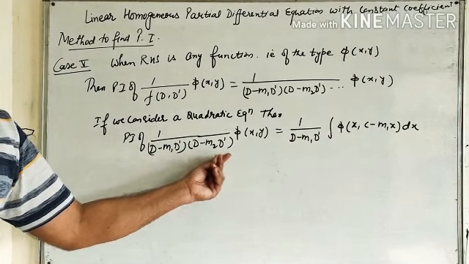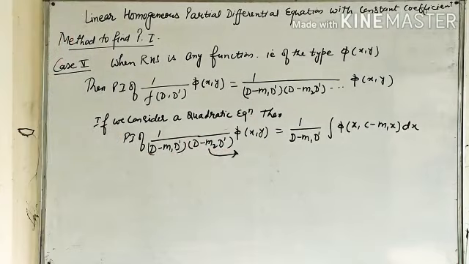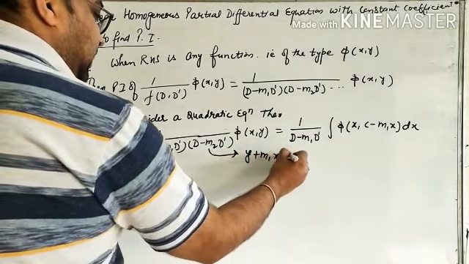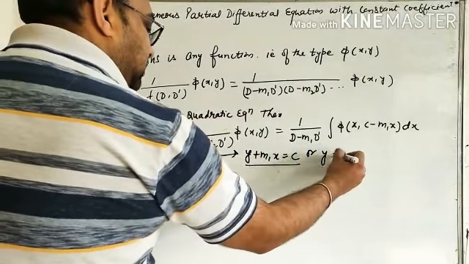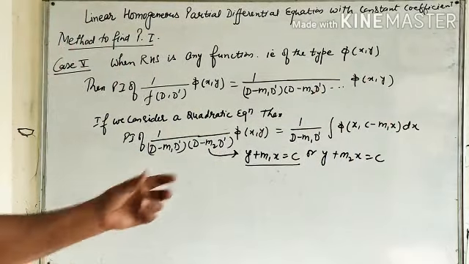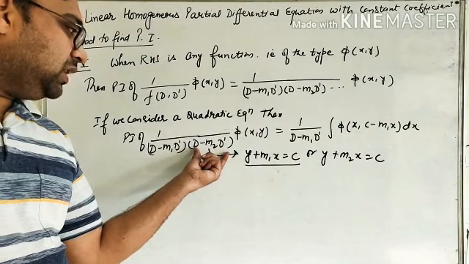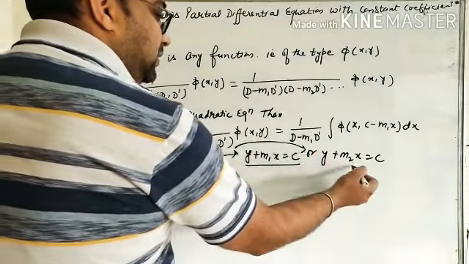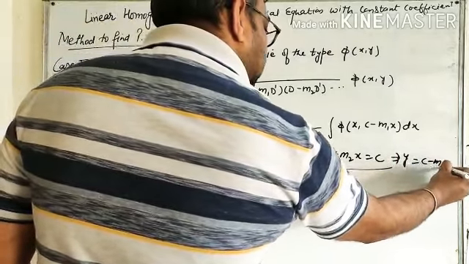To remove the function D minus m2 D', we have to replace y plus m2x as c, or y equals c minus m2x.